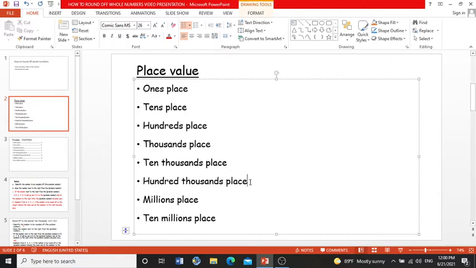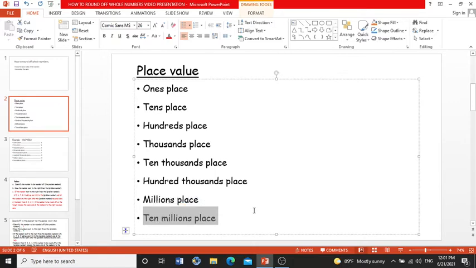Then we have 100,000s place. Then we have millions place. And the last one is 10 millions place.